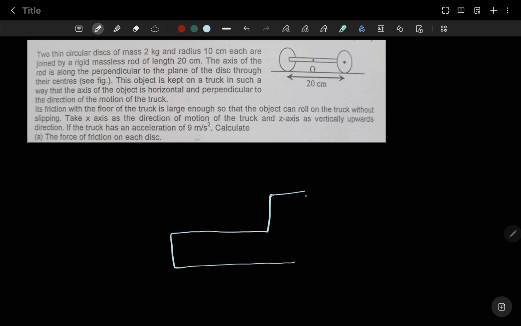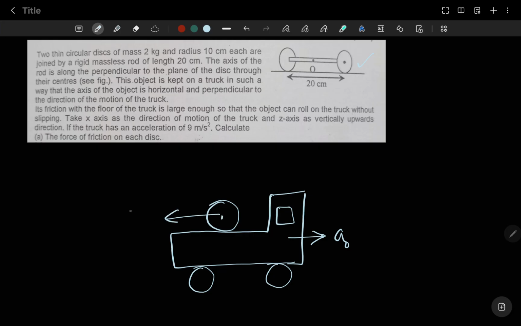Okay, it's moving, and this system is actually here. So the truck is accelerating in this direction, say with a0. So here the pseudo force acts in the opposite direction, which is ma0.